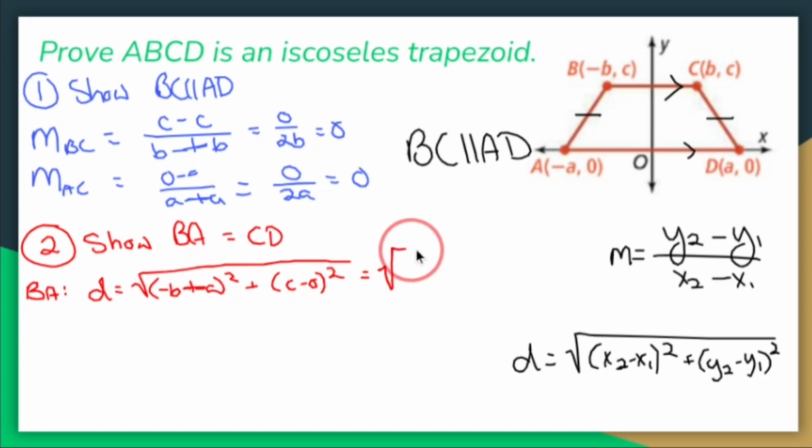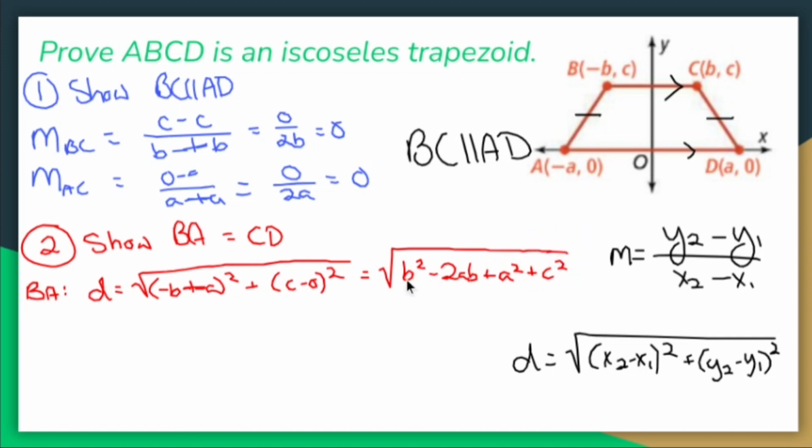Now, since space is an issue and time is money, I'm going to use the idea of perfect square trinomials for this one. This becomes b squared minus 2ab plus a squared, and then c minus 0, which is just c, so plus c squared.